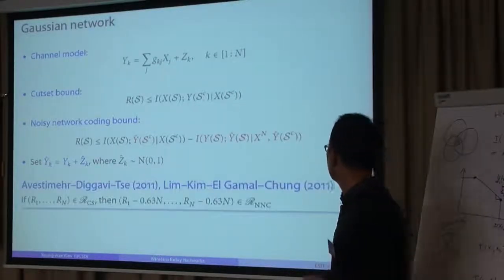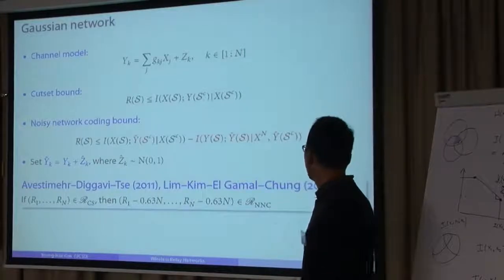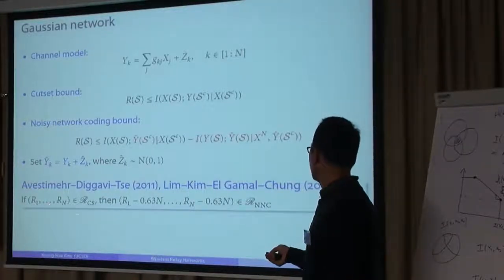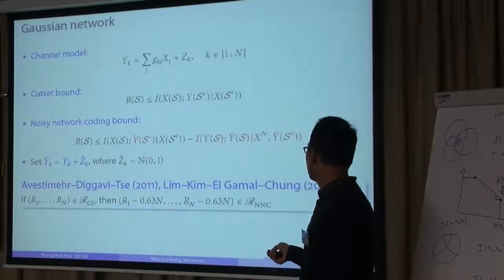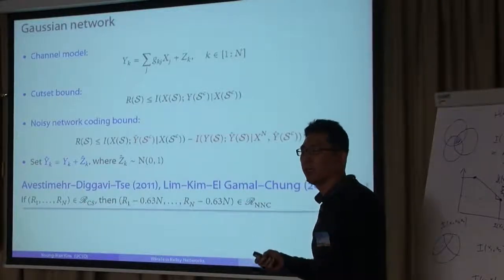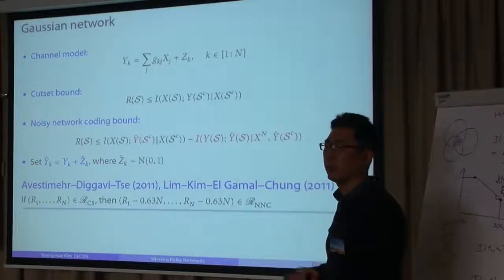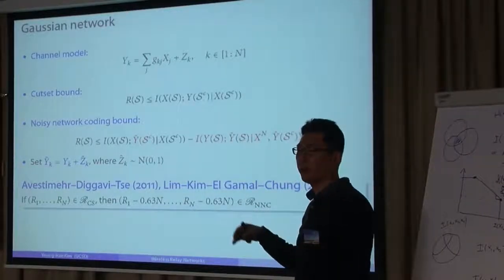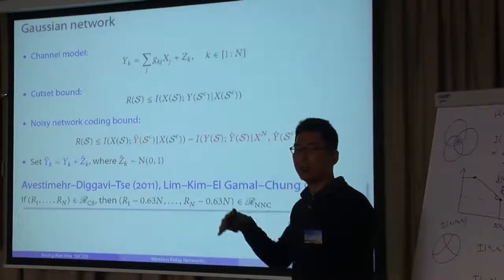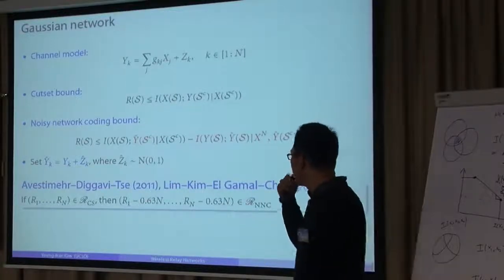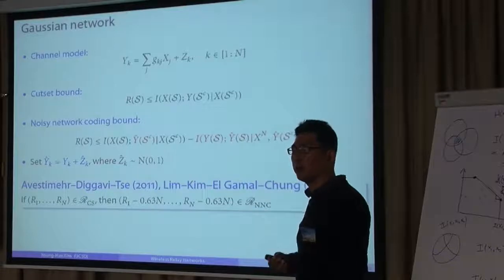So if we use this, and do careful analysis, then we can actually show that the gap between the cut-set bound and what can be achieved by noisy network coding is 0.63 n, where n is the number of nodes. And this holds uniformly over all possible channel gains and power constraints.